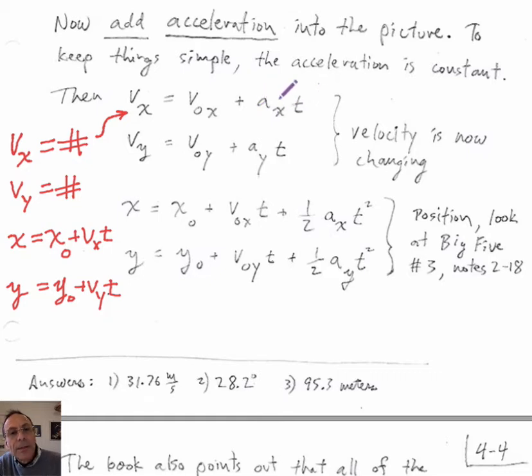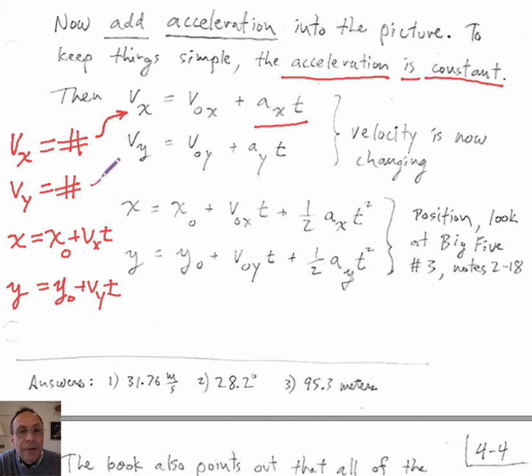And this acceleration times time is pretty simple, but in order for it to be that simple, we need to make the assumption that the acceleration is constant. And for the most part in this class, we're making that assumption because things are already pretty complicated. So we don't want them even more complicated.